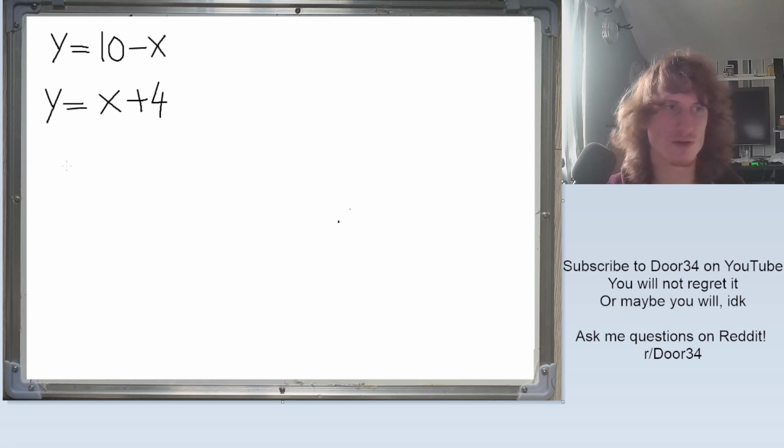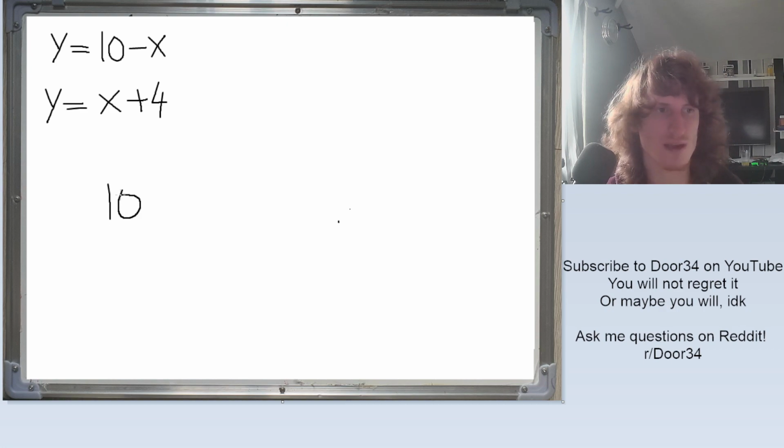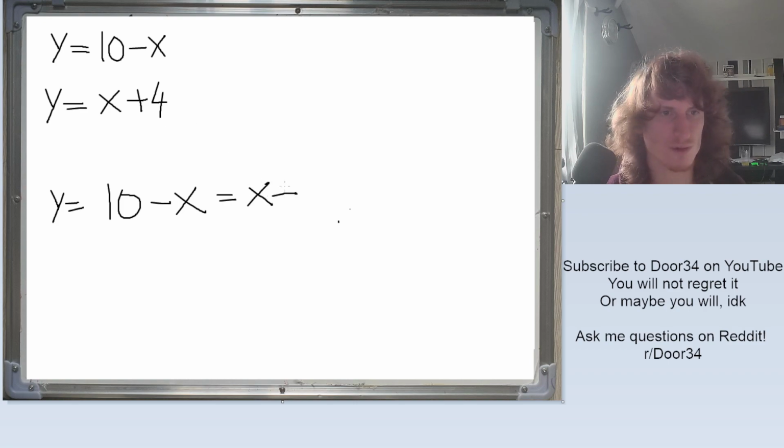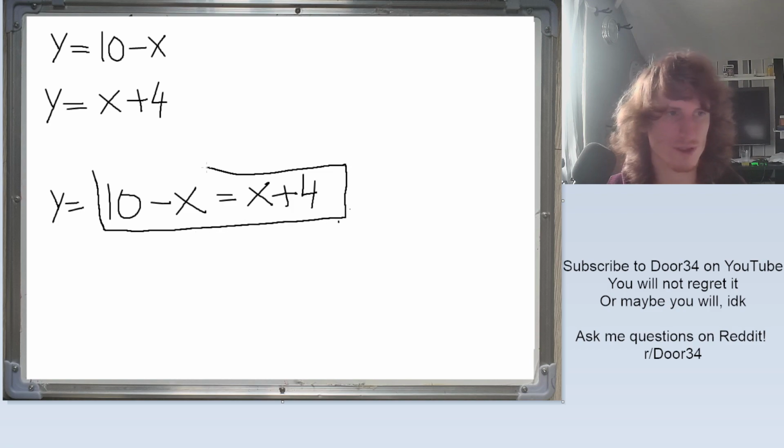So this is y and this is y. So this side must also be y and this must also be y. So we get that y equals 10 minus x, this is nothing new, but this is equal to x plus 4 as well. Let's just ignore this y here and just focus on this bit for a second. We end up with this equation.